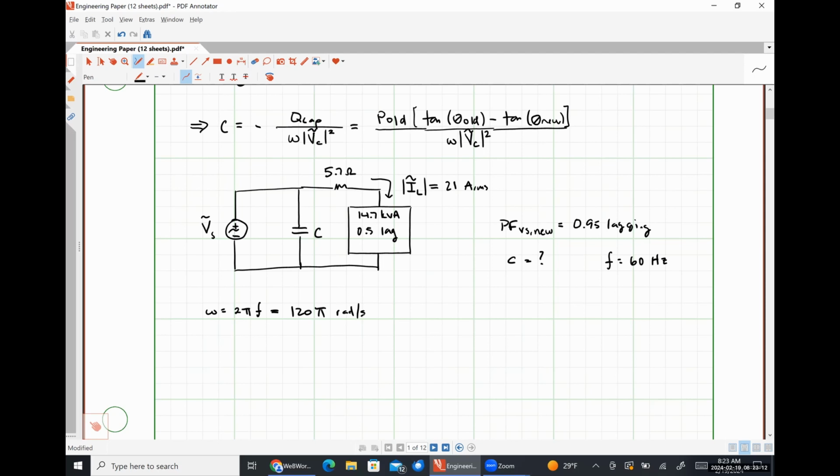I believe that we have enough information to calculate theta new as well, because theta new should just be the inverse cosine of the power factor at which our voltage source operates.